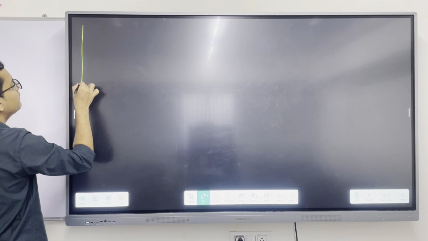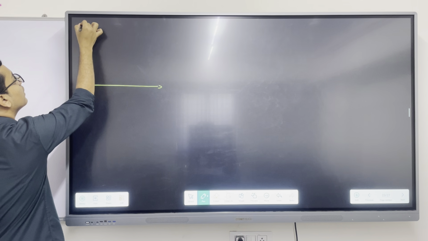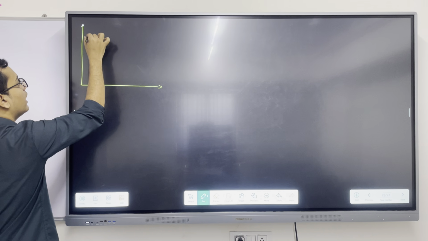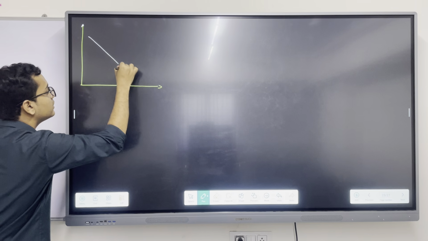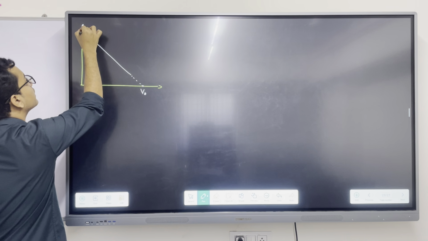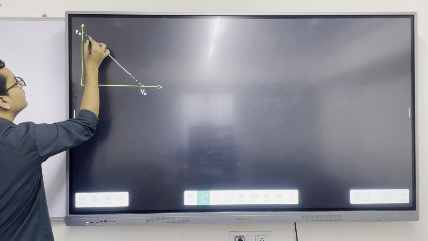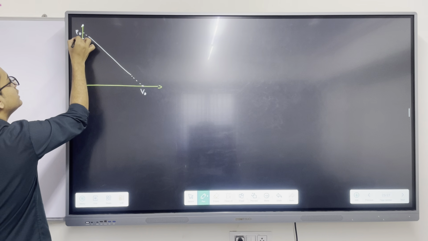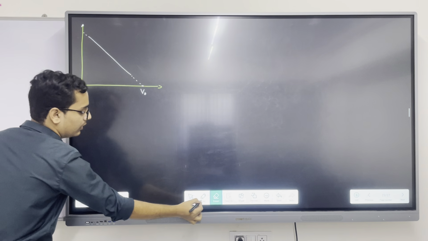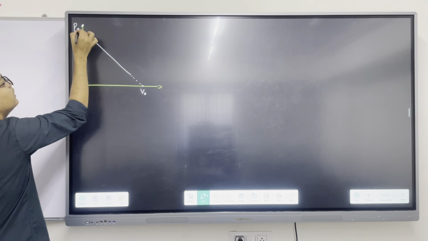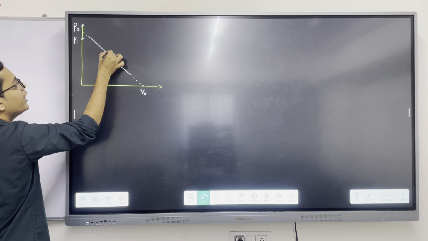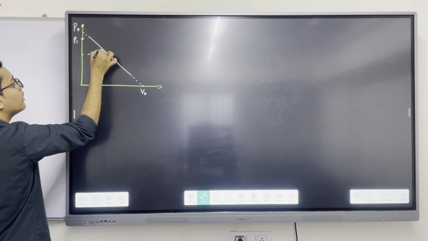So this is the plot. Okay. Let's say this is how it was going to be. This is V naught. Let's say this is V1, and this is P1. And let's say there is a point over here.